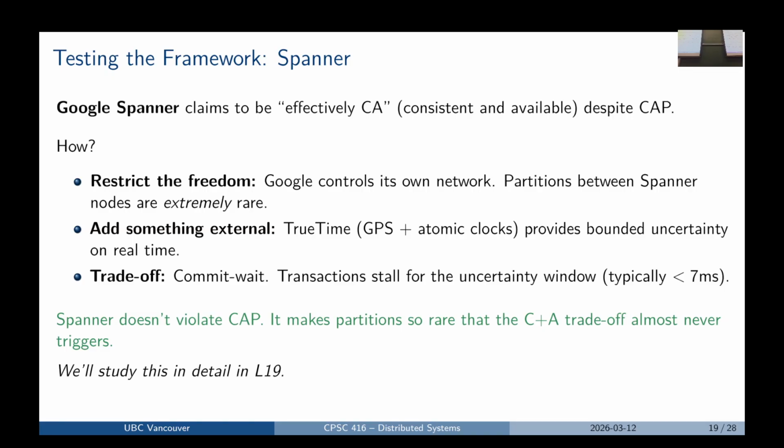And then this is the clever part of it. All we'll do is simply wait to tell people about the commits until it's outside of the window, the time variation window. And they did all the math, and they proved that in fact that meant that they had both consistency and availability.